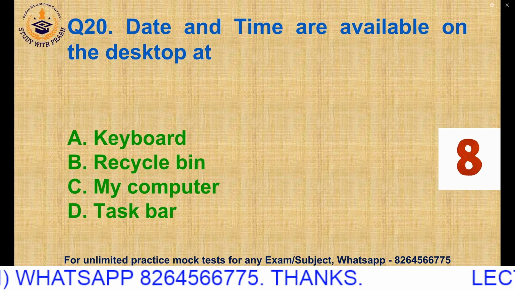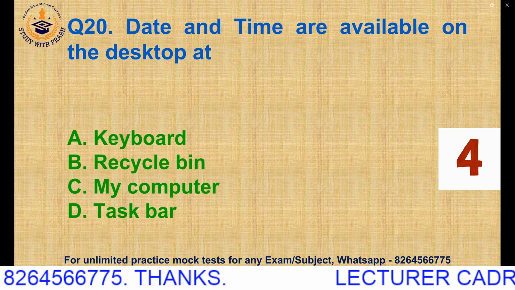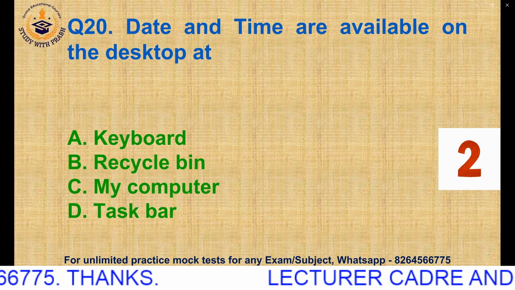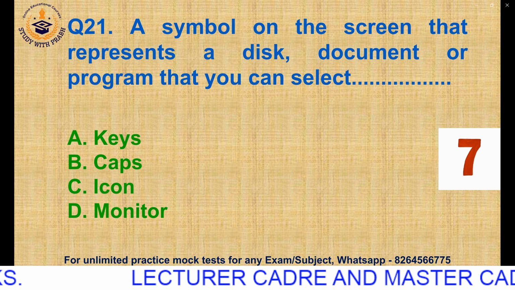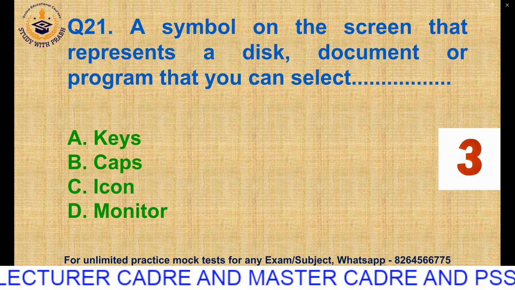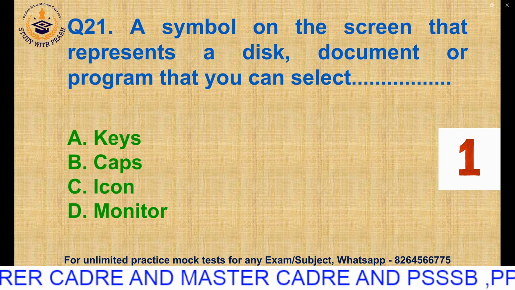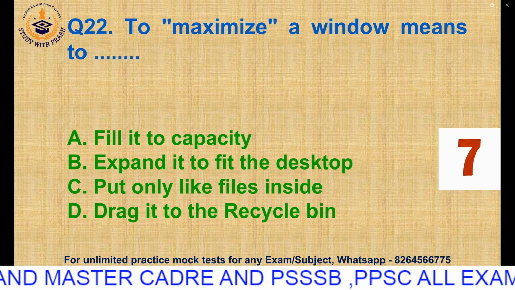Date and time are available on the desktop at. A symbol on the screen that represents a disk, document, or program that you can select. To maximize a window means to dash.